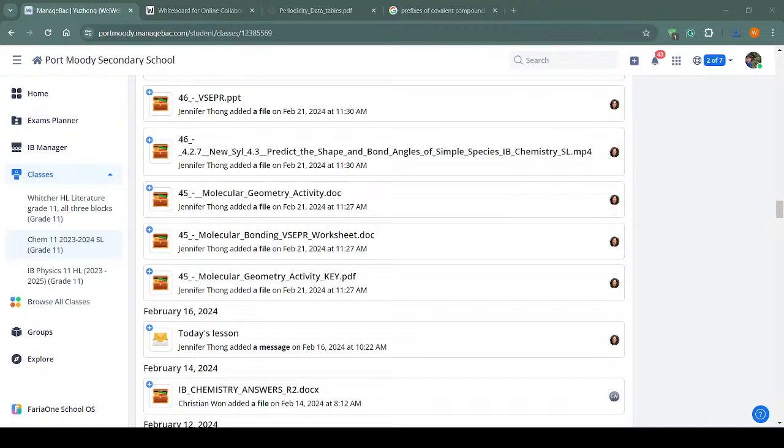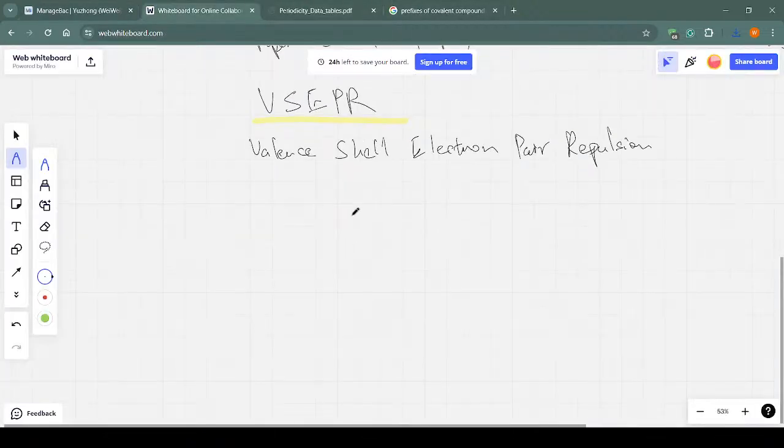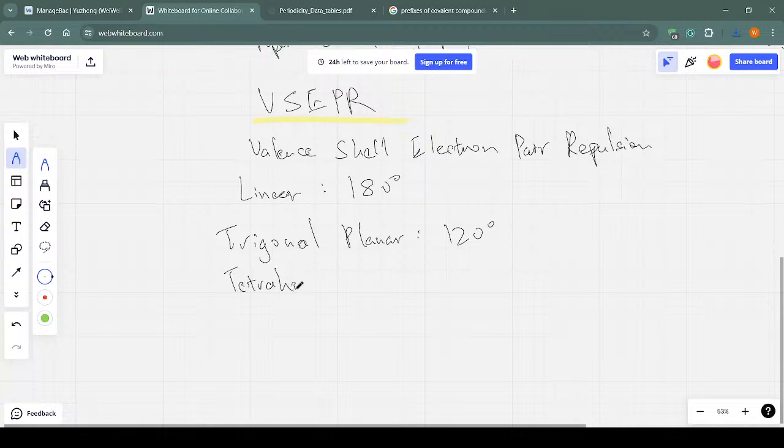Okay, so this is where we went through the different shapes: linear, 180, trigonal planar, 120, tetrahedral, 109.5.